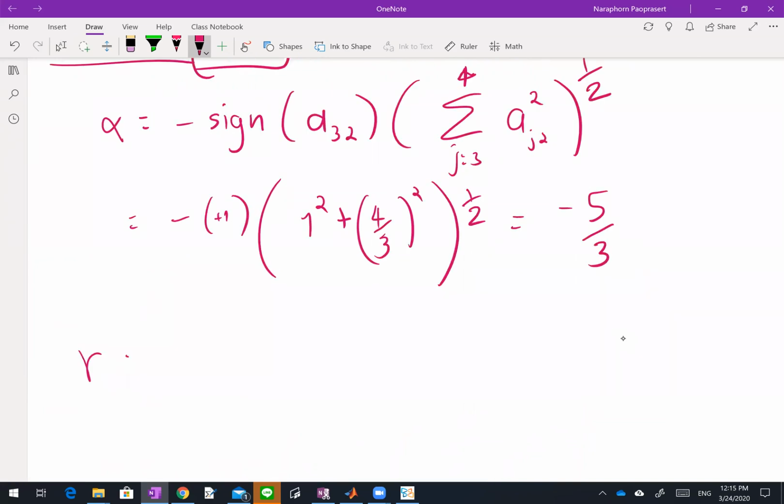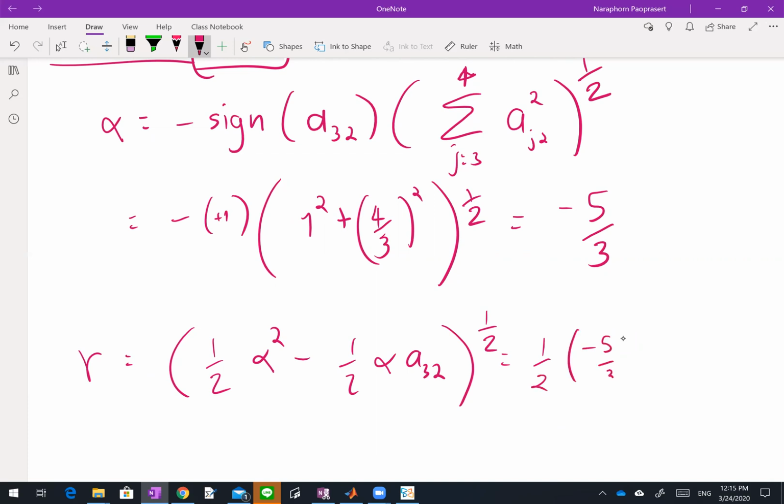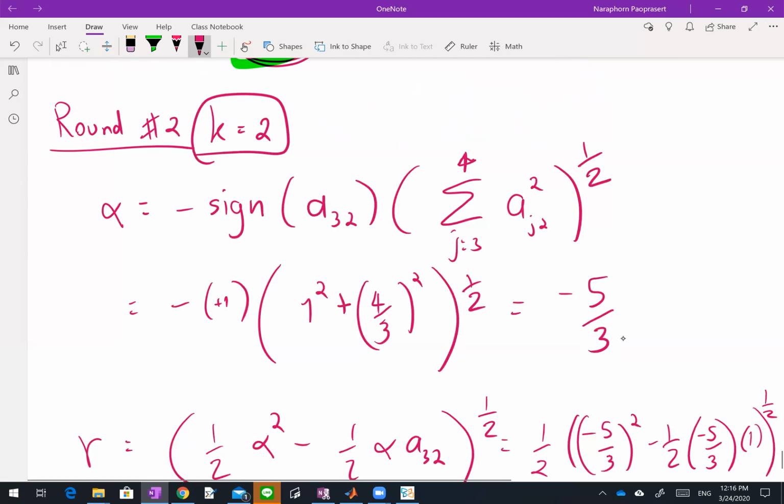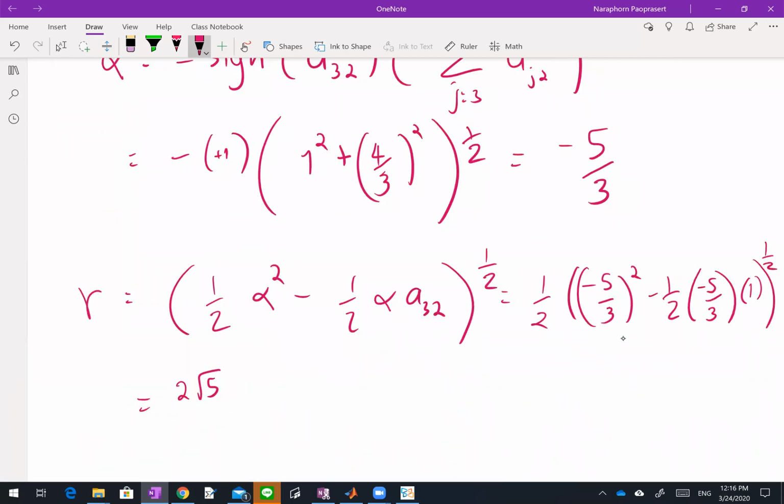So my R is just a half alpha square minus a half alpha A32, everything to the 1/2. So I have 1/2 alpha square is minus 5 thirds square, minus 1/2 minus 5 third, A32 is just 1, everything to the 1/2. So what I have is 2 square root of 5 divided by 3.